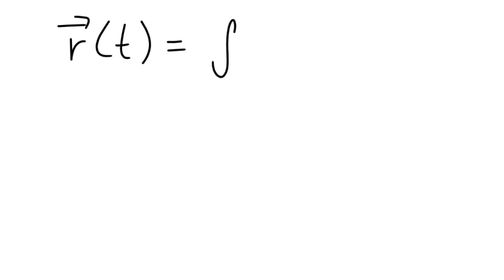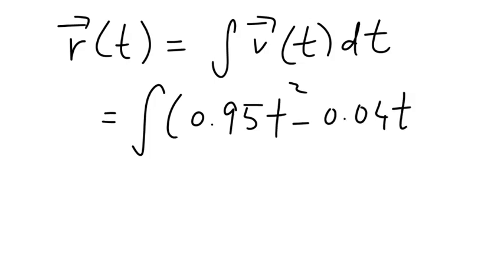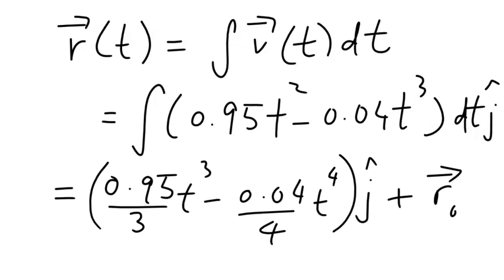Next, the position as a function of time. Now we know that the position vector is given as the integral of the velocity with respect to time. Since we have found the velocity and it's given by 0.95 t squared minus 0.04 t cubed dt, now don't forget the j hat, and the result of the integral is given by the following.